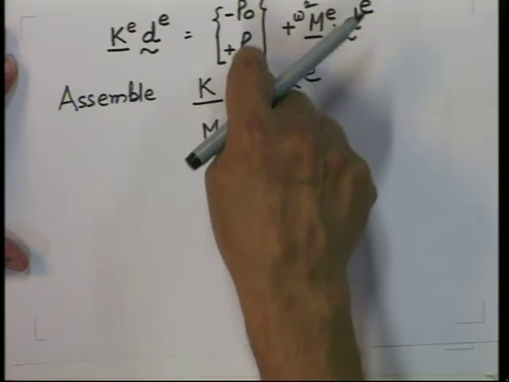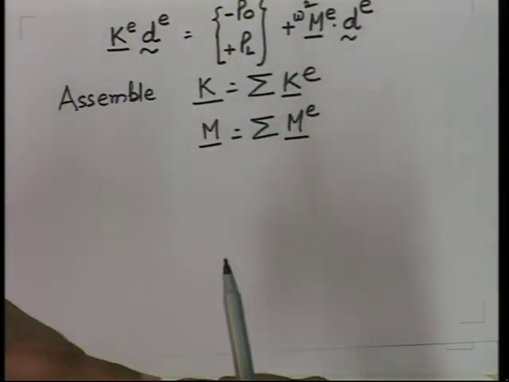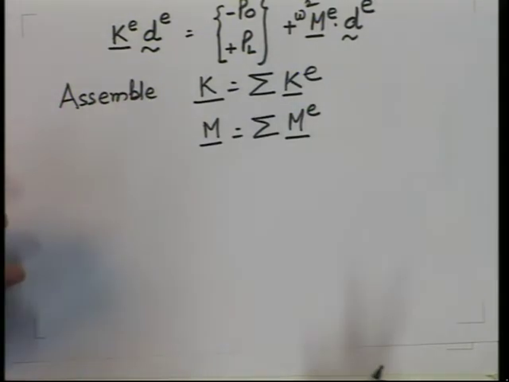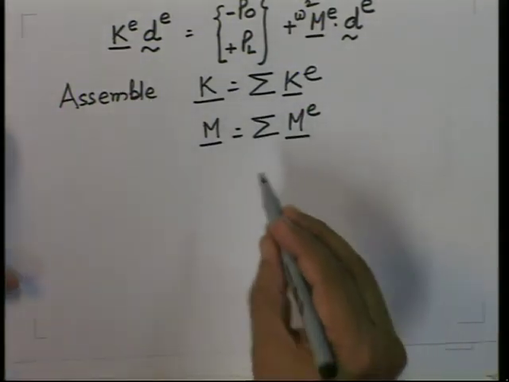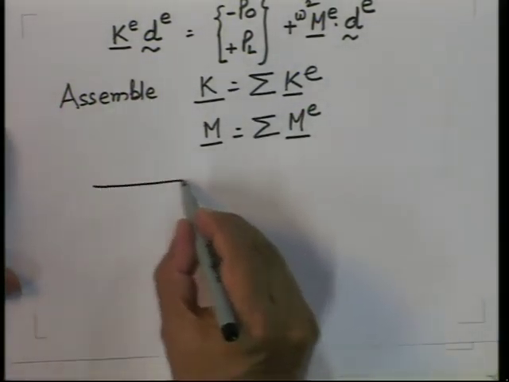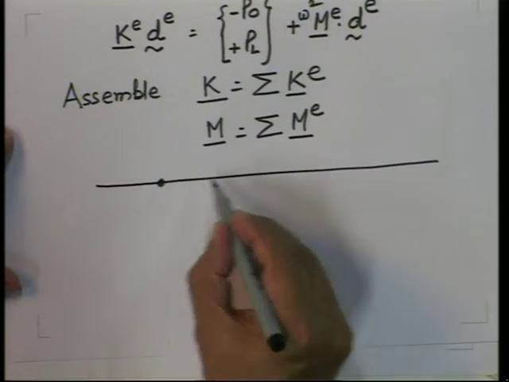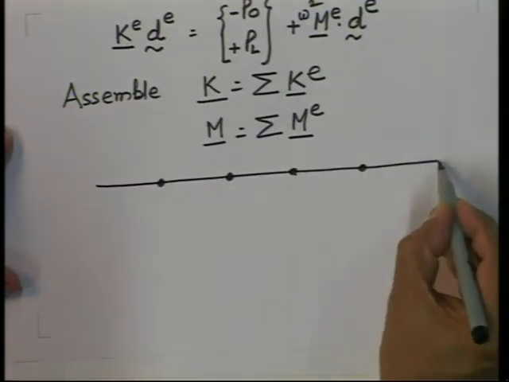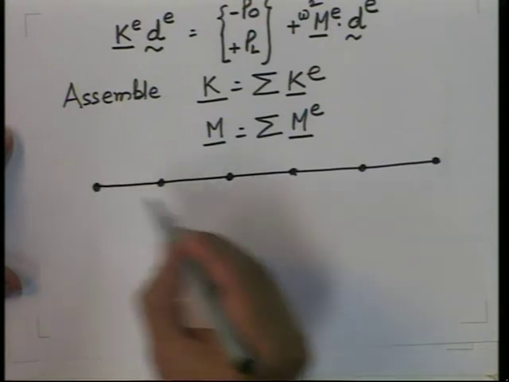I have always been telling you that they will nullify at any common node, plus and minus, and only at the ends of the total assembly will they remain; everywhere else it gets nullified, but at the end it will remain.